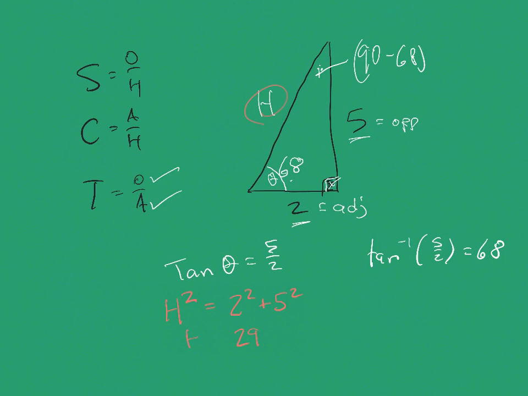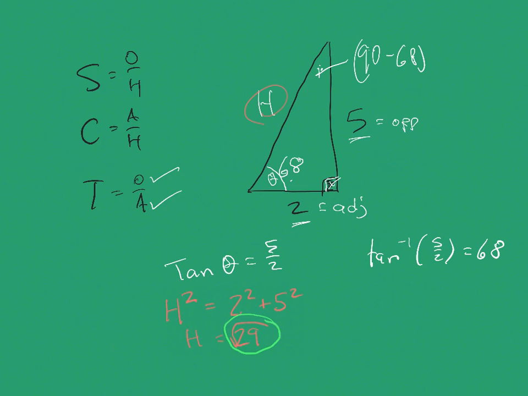And so then to find h, we do the square root of both sides, and that gives us the square root of 29. Now I will give you a hint here. I looked in the score key. They do not use the calculator to try to get a decimal answer for the square root of 29. So they want you to just leave the answer as the square root of 29.